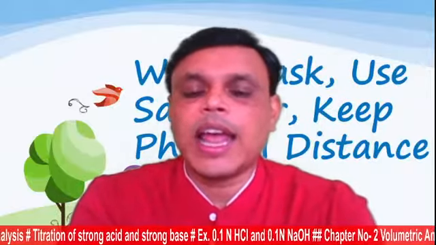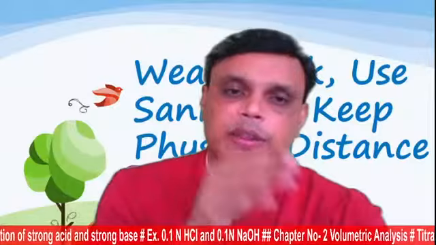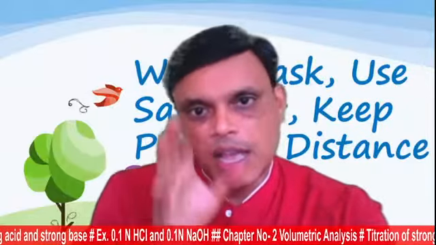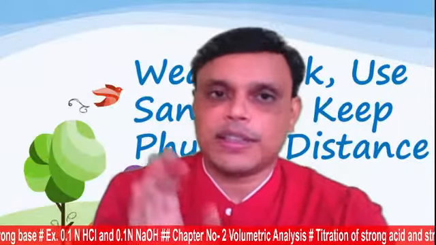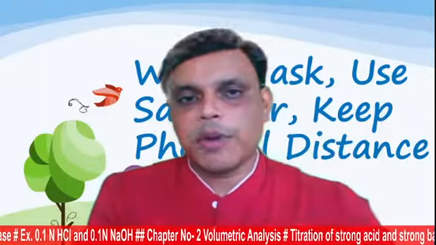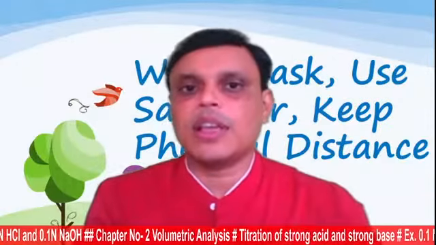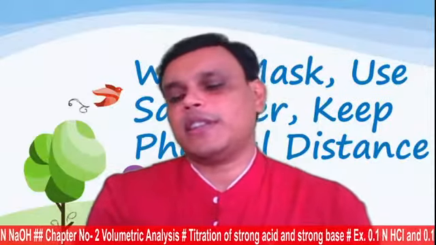Please remember that before the equivalence point, you have to determine the concentration of H plus ions. After the equivalence point, you have to calculate the concentration of OH minus ions. Before the equivalence point, there is an excess of H plus ions present in the solution. After the equivalence point, there is an excess of OH minus ions present in your solution.